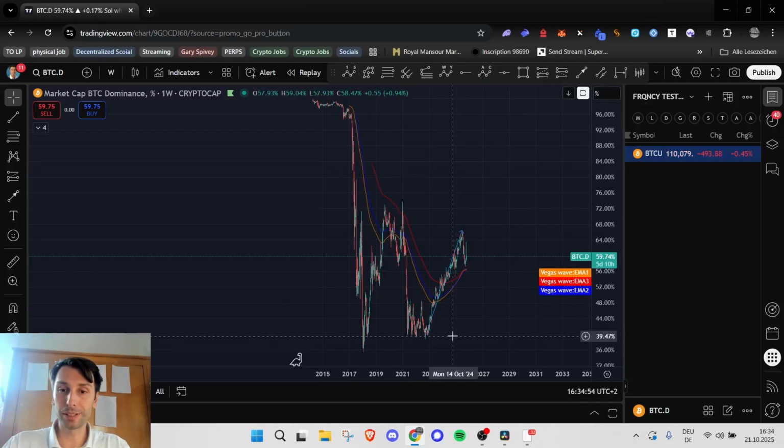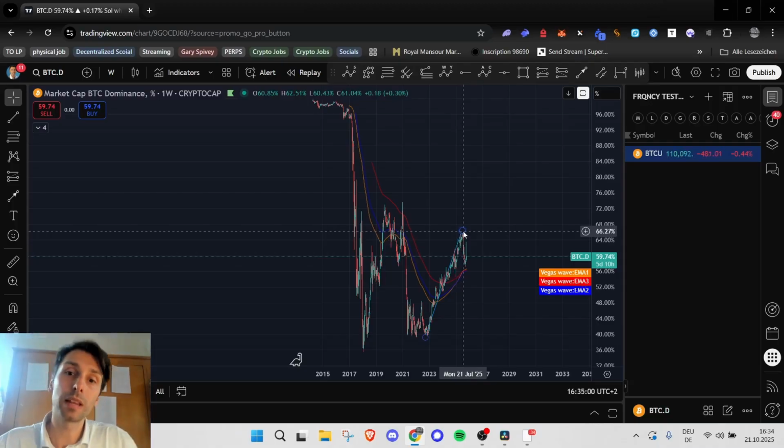Bitcoin dominance rose from 40% to 66% almost, so more than 50% up. This is very interesting because it tells you that instead of holding altcoins or a broad set of altcoins, you would rather hold Bitcoin, right? Because it outperforms the altcoin market in general.